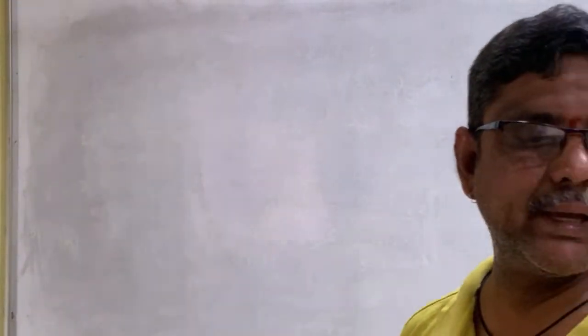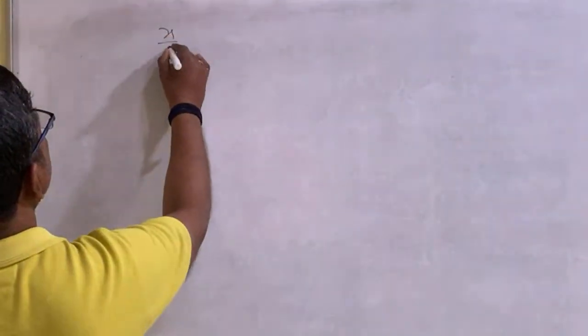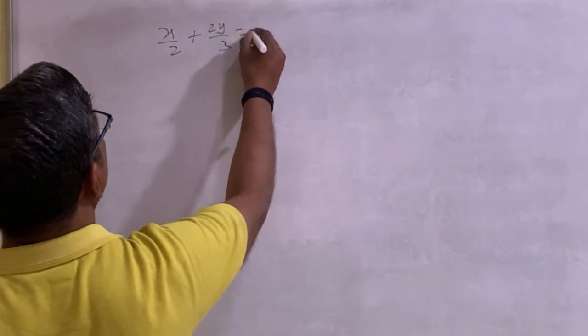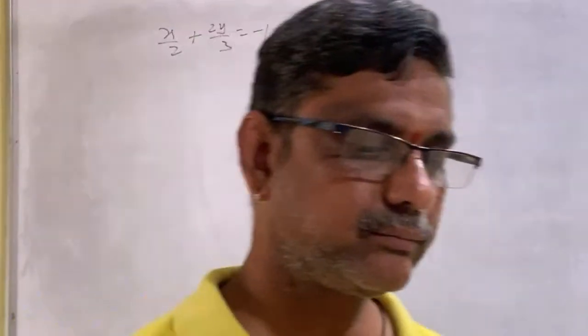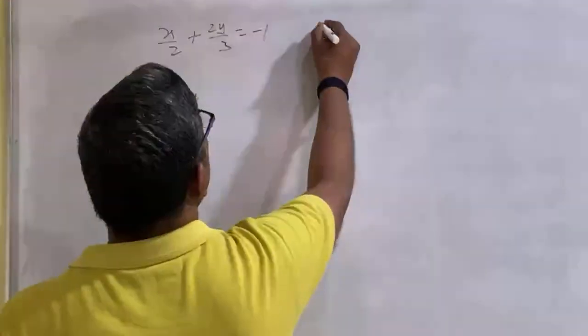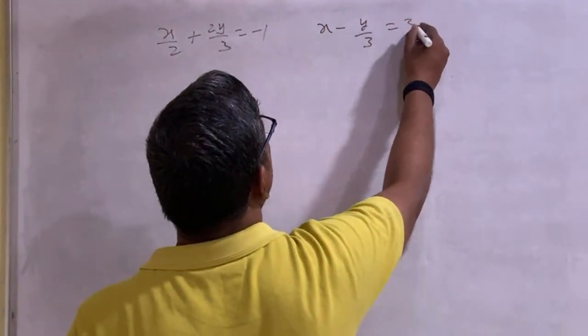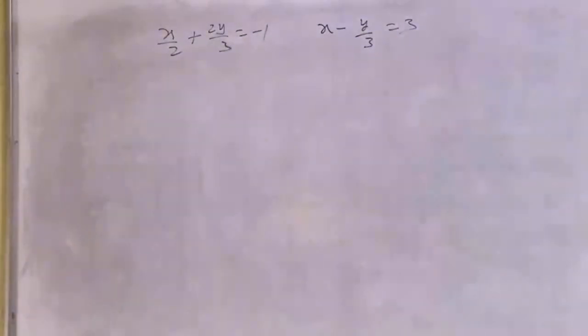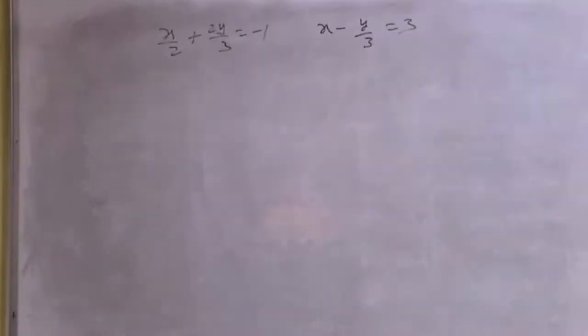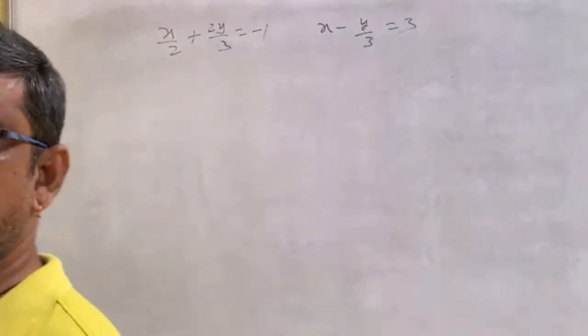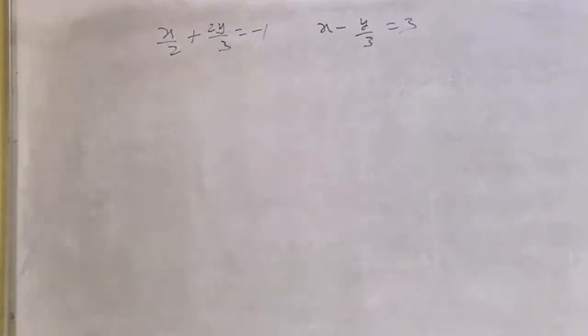Yeah, one more we'll see. x/2 + 2y/3 = -1, and x - y/3 = 3. Yes, so the two equations are like this.